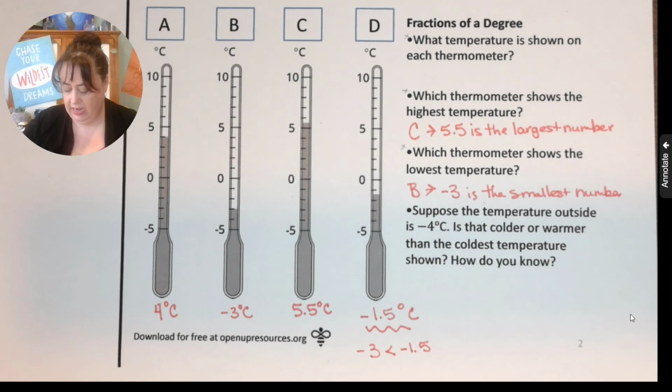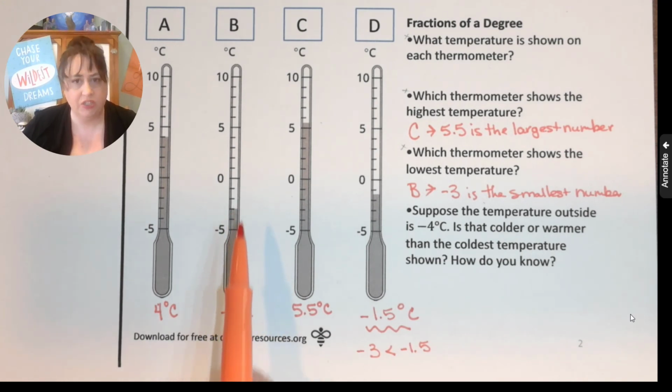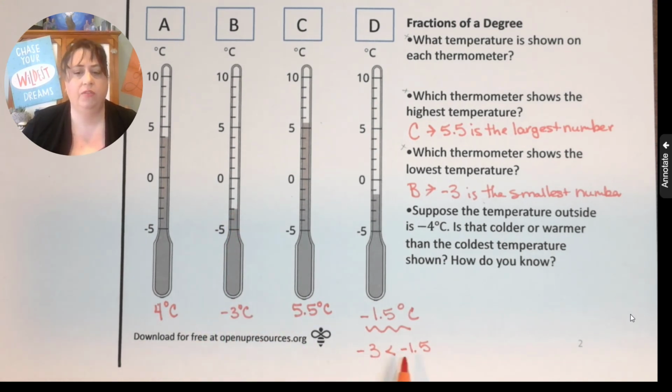I know that's a tiny bit confusing because if you were talking about positive numbers, we'd say 1.5 is smaller than 3. But when they're negatives, we have to pay attention because it's further down on that number line. It's a smaller number. It's colder. So -3 is less than -1.5.